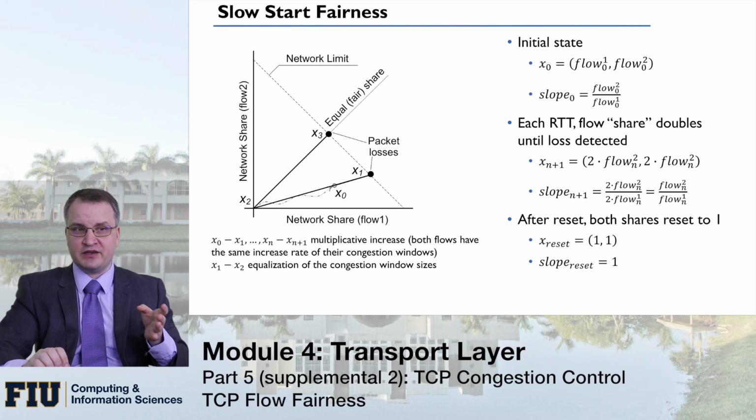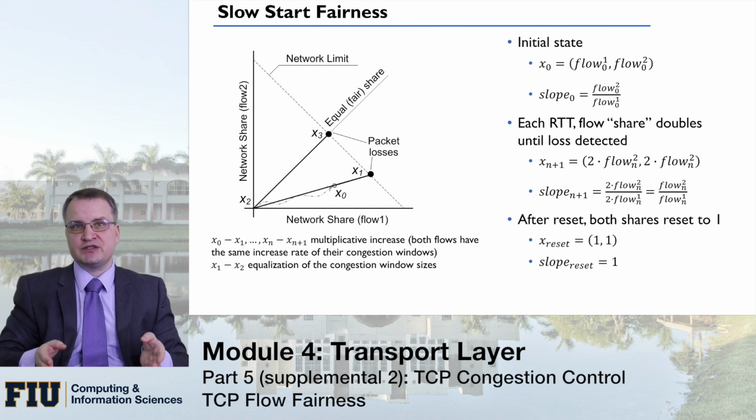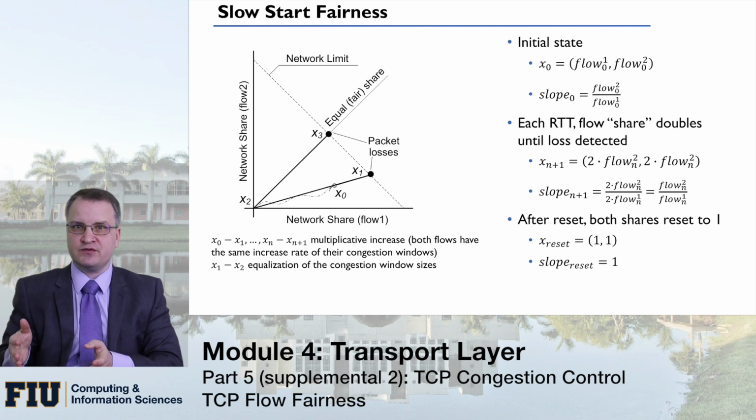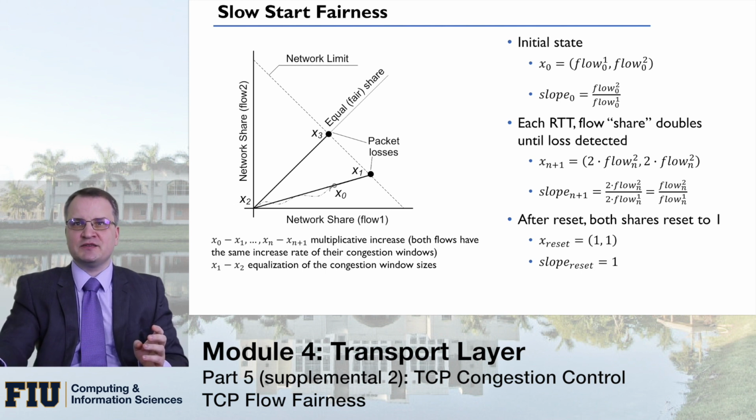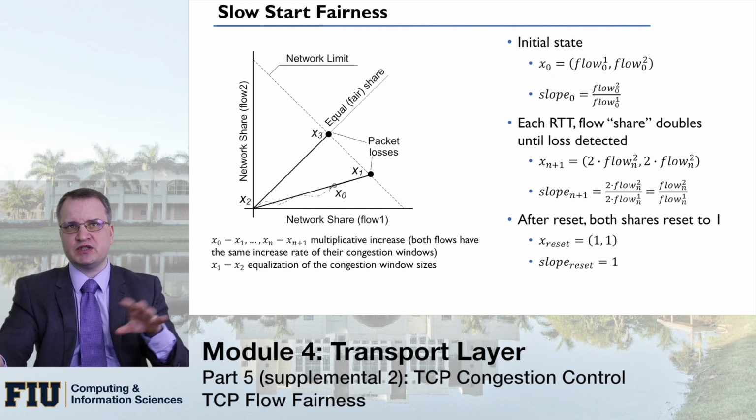For example, if we have two flows operating in slow start mode, they will be fair to each other. If two flows are operating in congestion avoidance mode, they will also be fair to each other. I'll try to explain with a few formulas. Let's say there is some initial state. It doesn't matter; one flow started, and the other flow started at a different point in time.